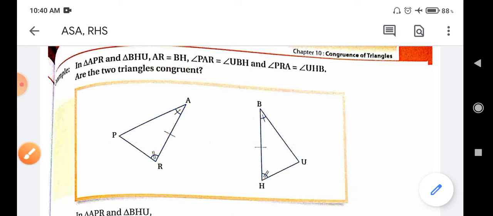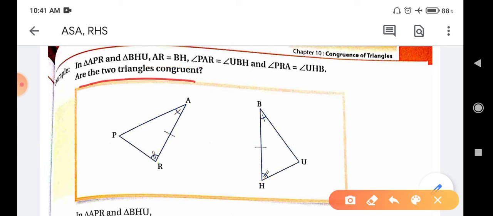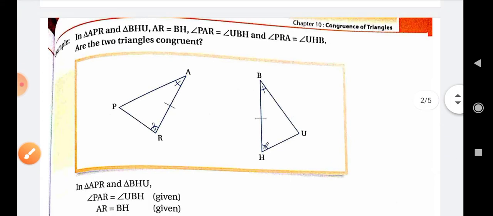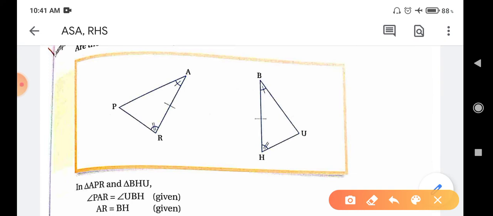We have to prove, are the two triangles congruent? Yes, these triangles are congruent by using the ASA congruence criterion, because this side is between these two angles, and similarly in triangle BHU this side is between these two angles.